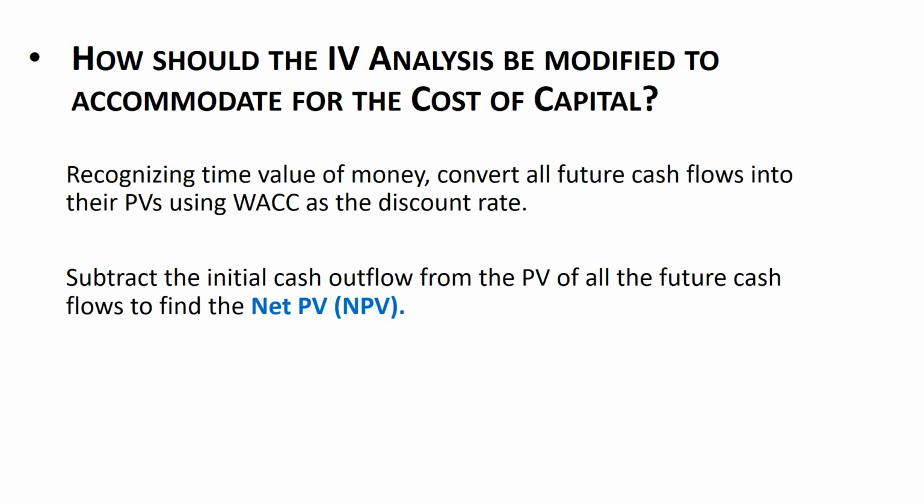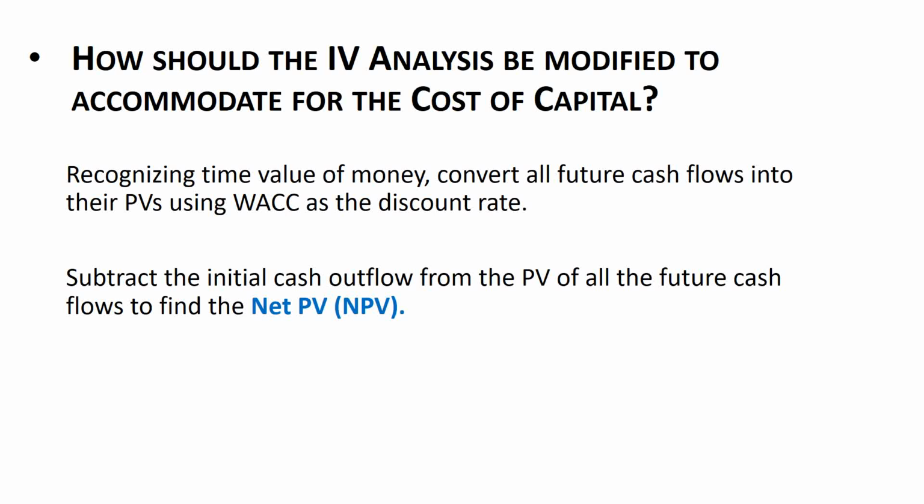Then you subtract the initial cash outflow. So initially you needed 138,800. So 20,000 you were putting, and you were borrowing from the three sources 118,800. So now all of that is in today's dollars, right? But then the business is going to give you future cash flows.